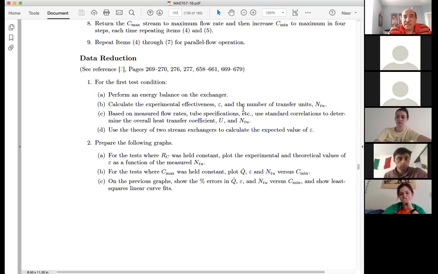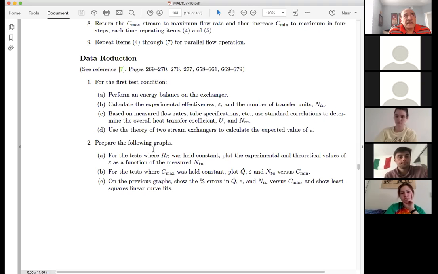So the summary is that the objective is effectiveness and how it depends on the design features of the heat exchanger, and then determining the energy balance and accounting for the energy lost that's not accounted for. And then, of course, we want to assess the errors. Okay, so that gets out of the way.